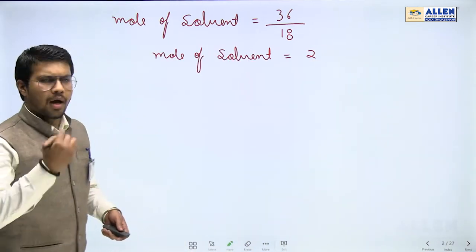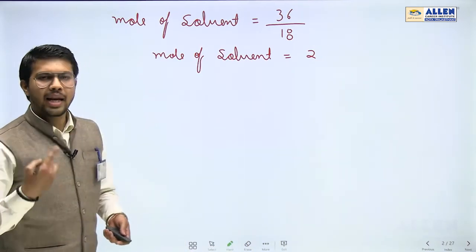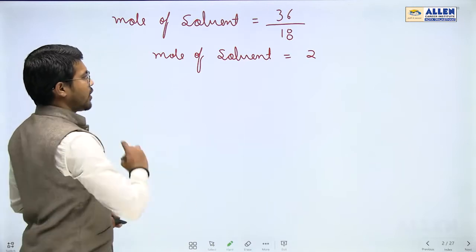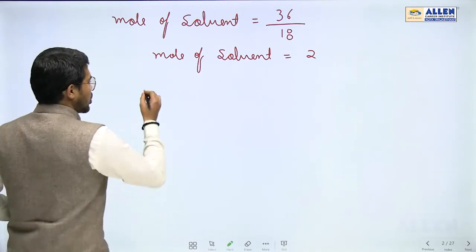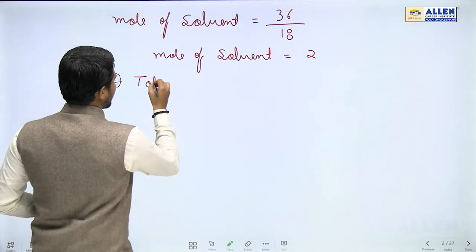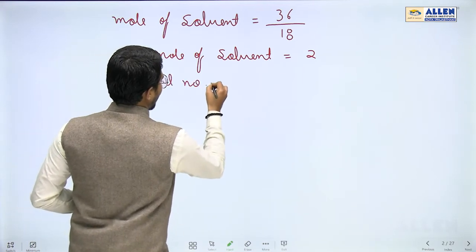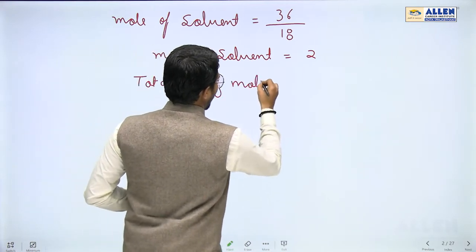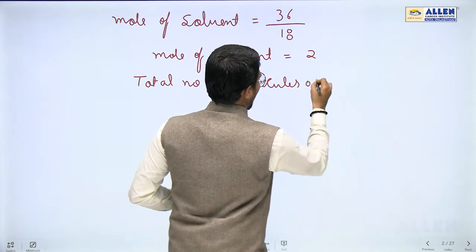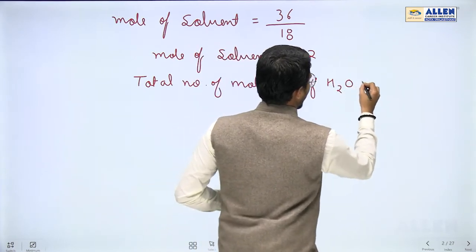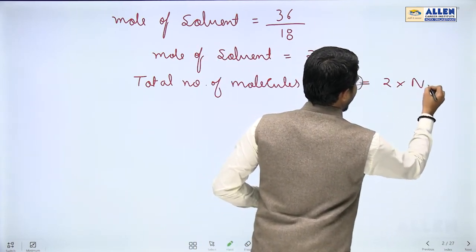We know that 1 mole contains Na molecules, and the solvent is water. So the total number of molecules of H2O equals 2 into Na.